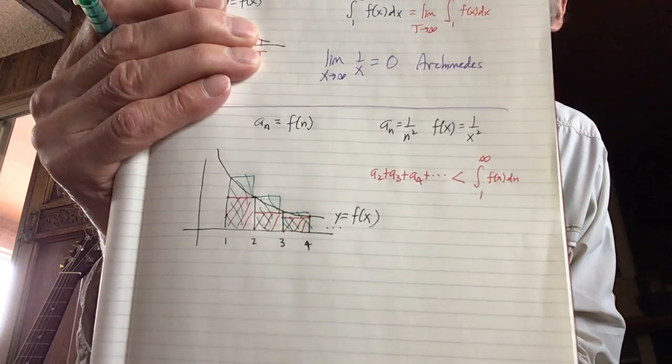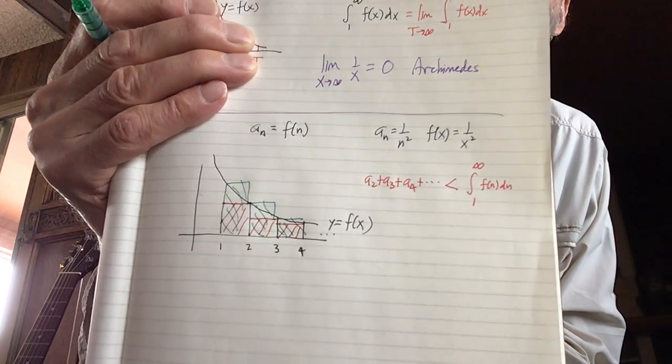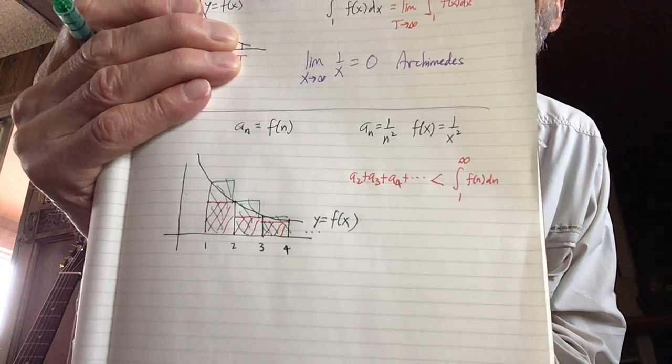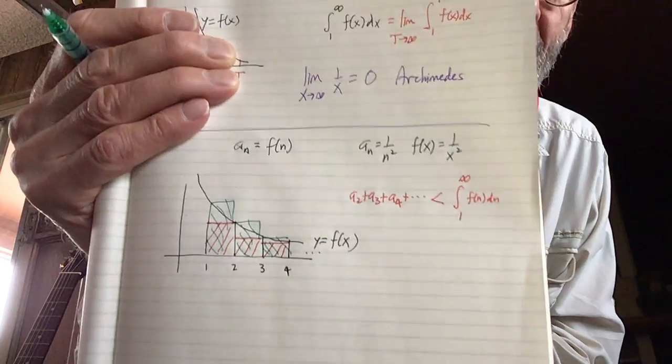The alternative is to look at this estimate for the integral, and so this will be the green estimate, and we're going to see something slightly different, which is, let me finish the picture. So the green rectangles have areas a1, a2, a3, and so forth, and the sum of the areas of those rectangles is clearly bigger than the integral.